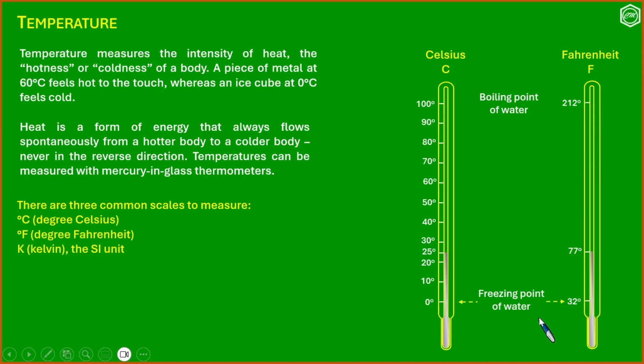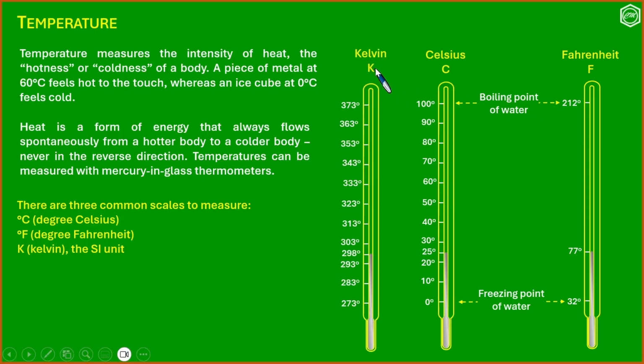And 32 is taken as the freezing point of water, and 212 degree is taken as the boiling point of water. In Kelvin scale, the freezing point of water is 273 Kelvin, and the boiling point will be 373 Kelvin.